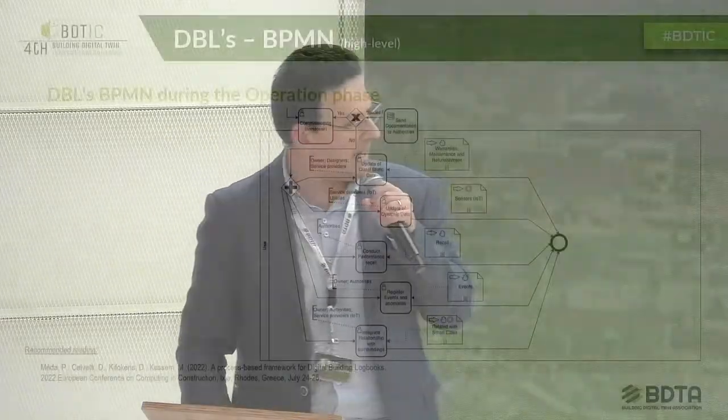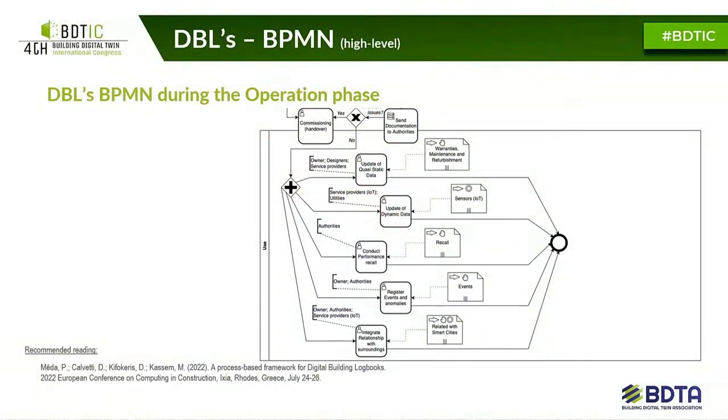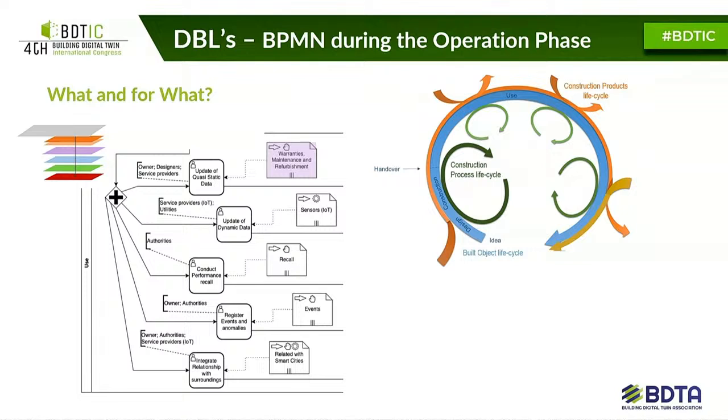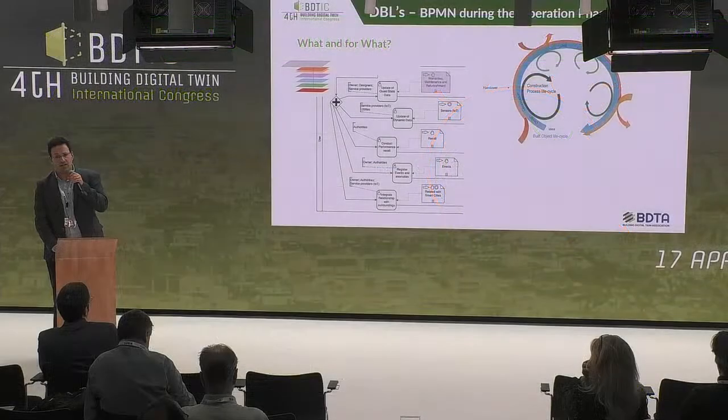And going straight to the operation phase, we have here several levels of information that should be ensured by the digital building logbook. One of them is related with warranties, maintenance, and refurbishment that we can summarize as getting that compilation of life cycles.